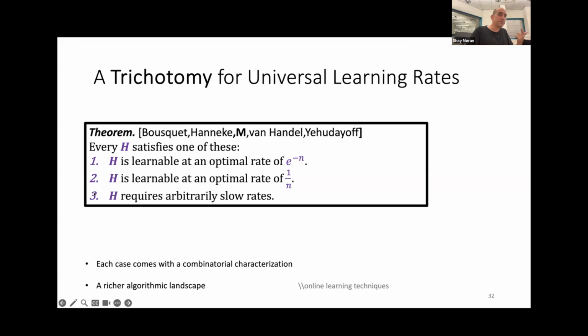And what the third item says is that for some classes, this eventually can be arbitrarily slow, in the sense that if the class is the class of all functions, and you give me an algorithm, then for every rate that goes to 0, I can find a distribution in which the rate of the algorithm will be even slower.